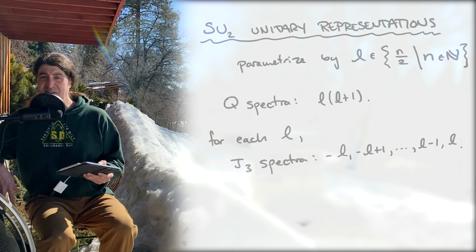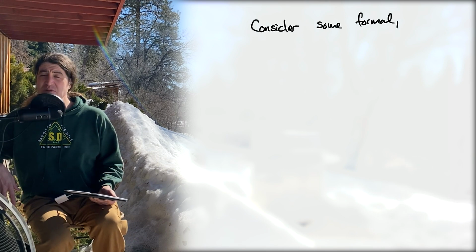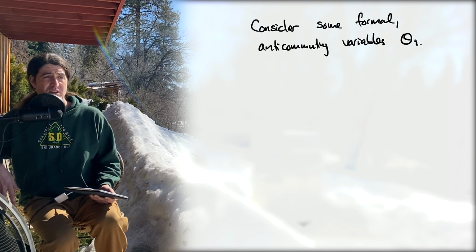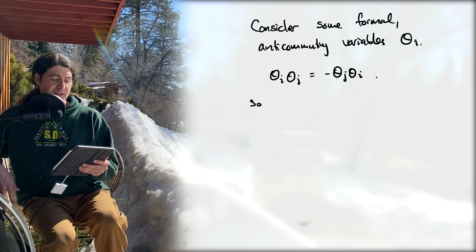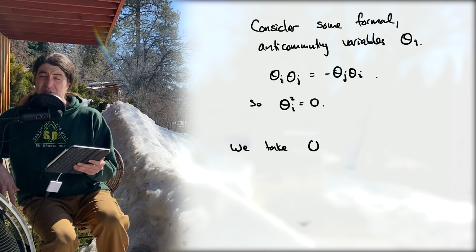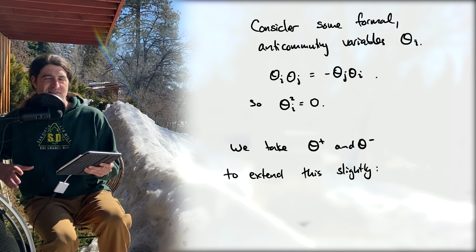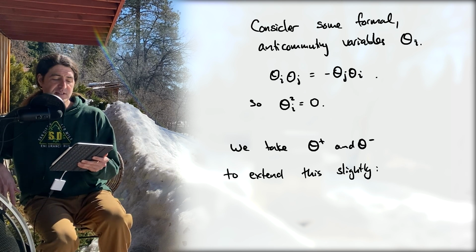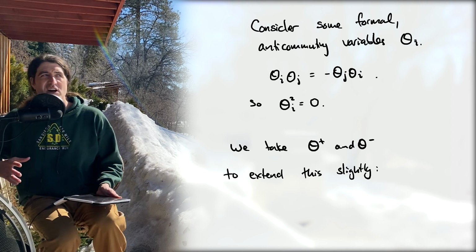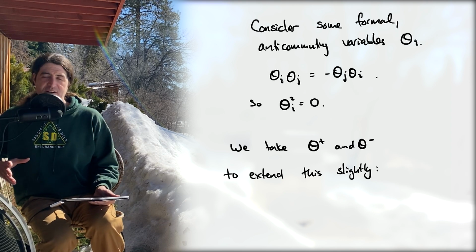Okay, great. So now let's consider some formal anti-commuting variables, sometimes called Grassmann numbers, theta. Specifically, we're going to consider the variables theta plus and theta minus. And we're going to extend that anti-commutation relationship a little bit, in the physics parlance, to satisfy an anti-commutator algebra.